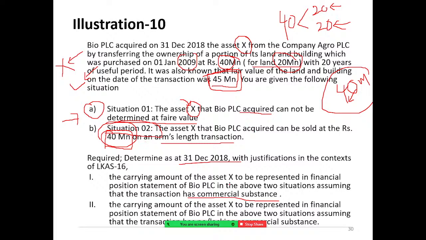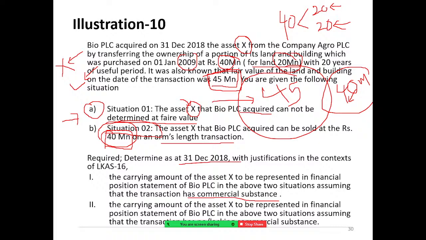In case of commercial substance, for the first situation we have to take 45 million. The value of the new asset is 45 million because the fair value of the asset given up is 45 million. So we have to take that value.